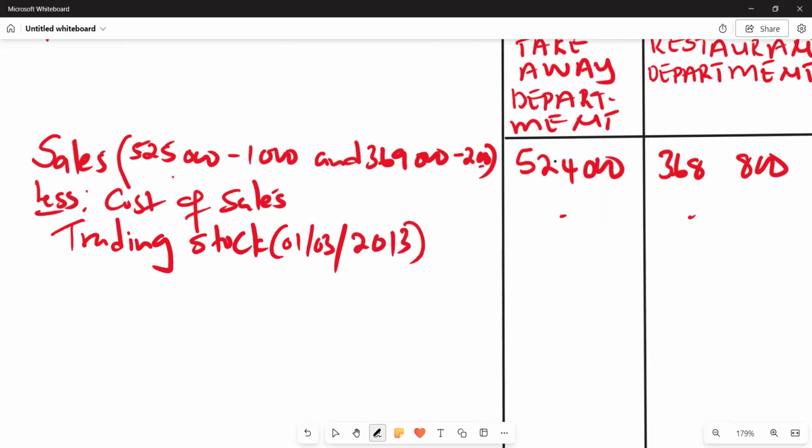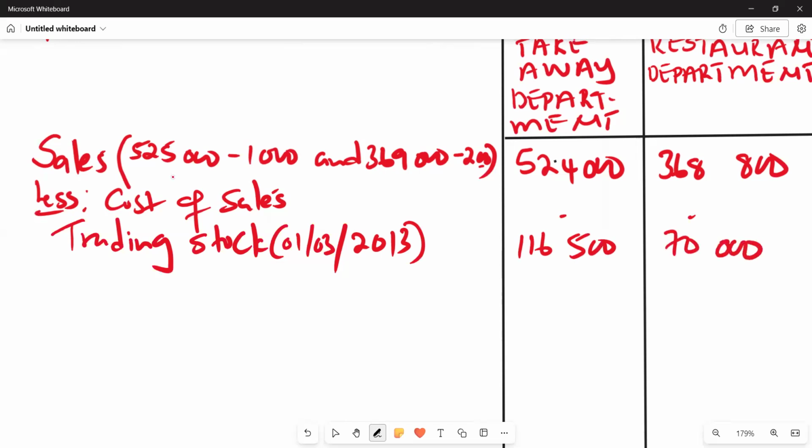We have shown that this is the opening because that's where the year is starting. Then for takeaway, we have got 116,500. Then for our restaurant, we are saying 70,000. So these are the figures that we have.